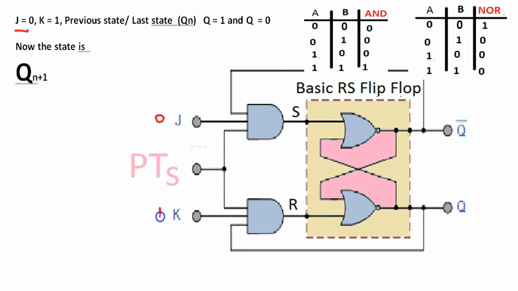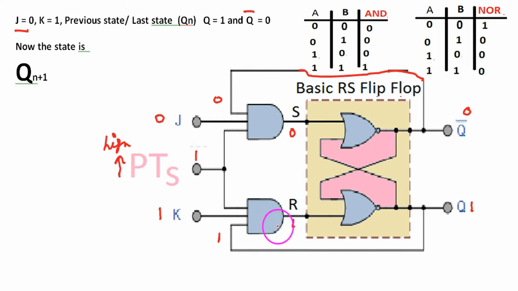Now let's set 0 and 1. Here let Q be 1 and Q complement be 0, and the clock is high. The clock remains high for a fraction of a second. Then 1 is here, 1 comes here, and 0 is here, 0 comes here. 0, this is 1.